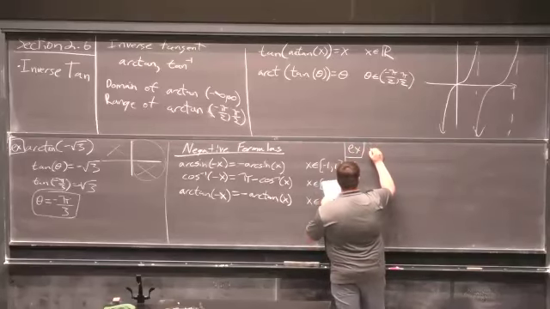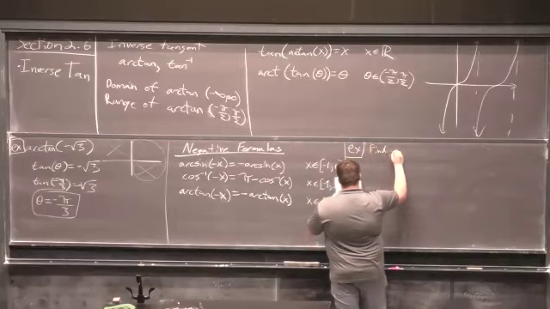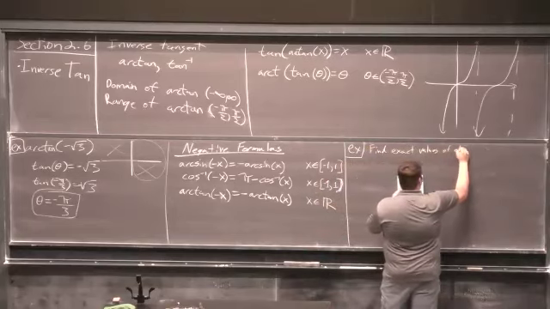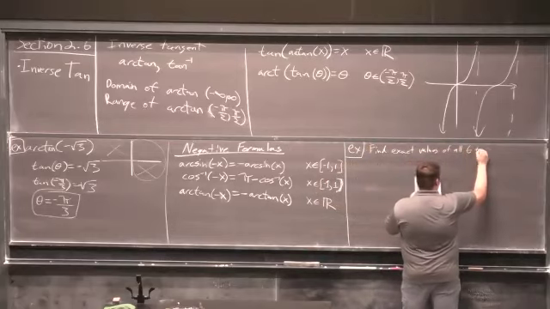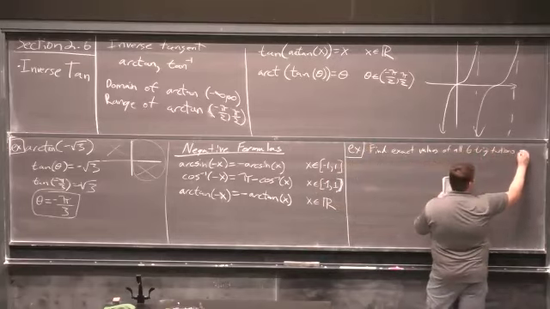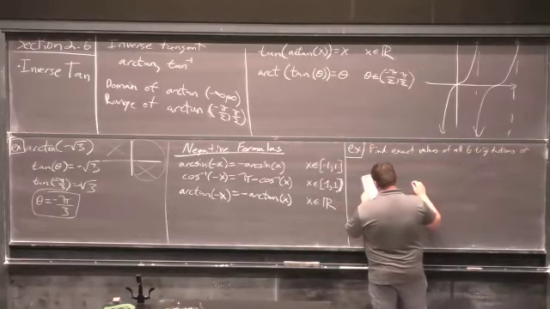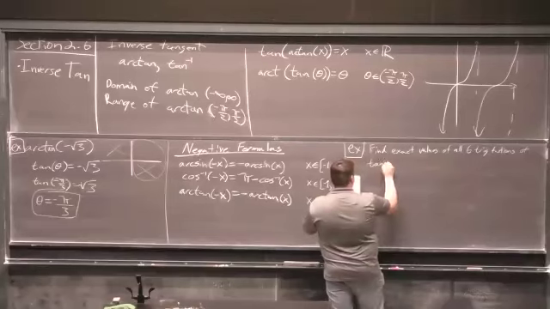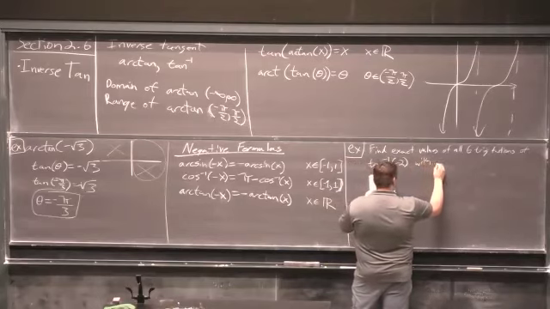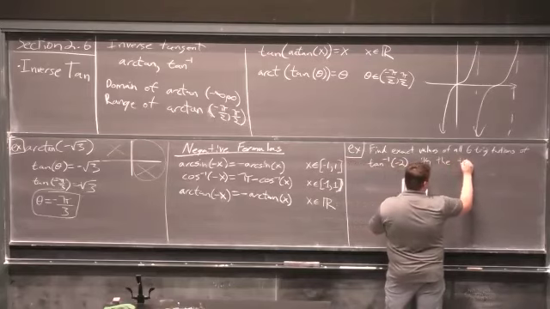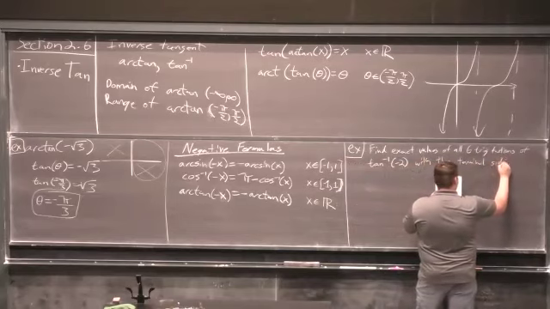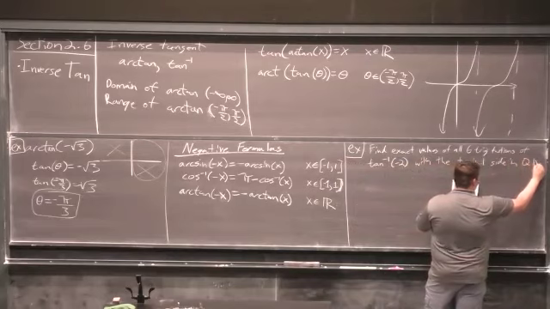We can say, find exact values of all 6 trig functions of tangent inverse of negative 2 with the terminal side in quadrant 4.